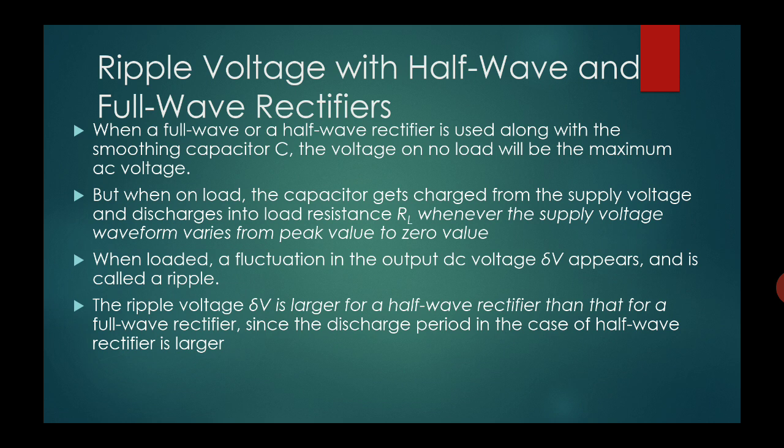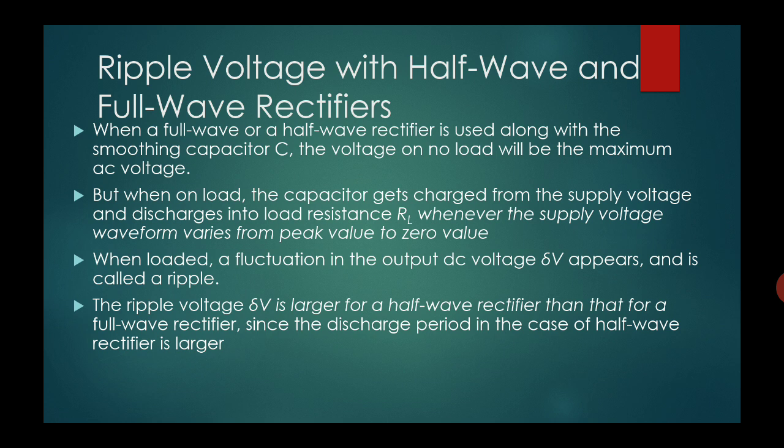During the positive half, the capacitor gets charged from the supply voltage, and it then discharges during the negative half of the supply, when the supply voltage reduces from the peak value to zero value. So when loaded, fluctuations in the output DC voltage, delta V, appear, and it is called a ripple. This small change in voltage, delta V, is called the ripple.